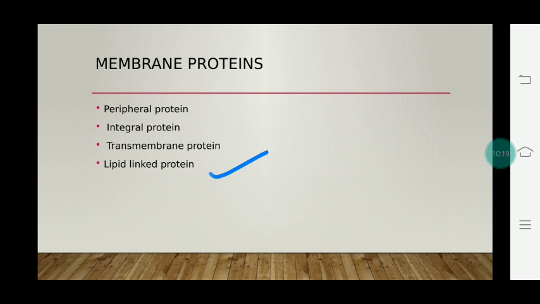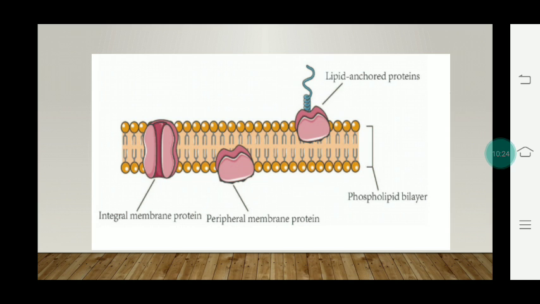Let's move toward the diagrammatic form of membrane proteins. So here is the phospholipid bilayer structure made up of phospholipids, and here is the peripheral membrane protein, which is bound with the hydrophilic head of phospholipids and is not in contact with the hydrophobic tails of the lipid bilayer.